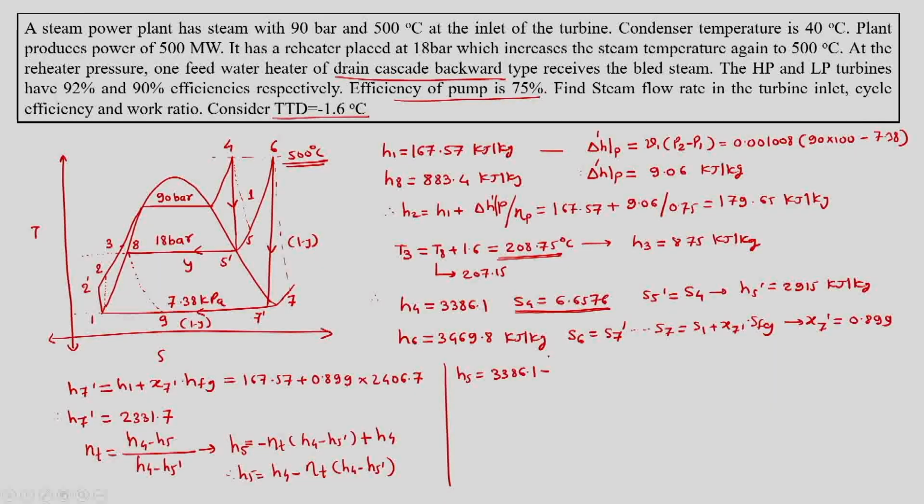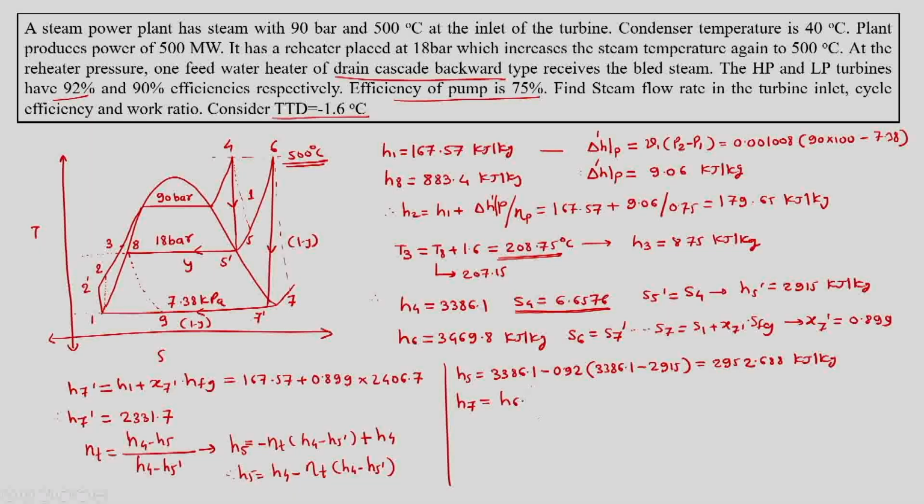This is the high pressure turbine, its efficiency is 92%, so it is 0.92 into 3386.1 minus H5 dash, 2915, and this gives us H5 as 2952.688 kilojoule per kg.